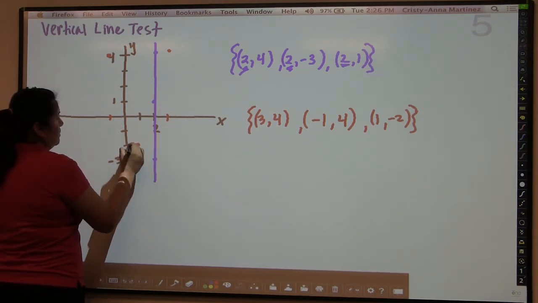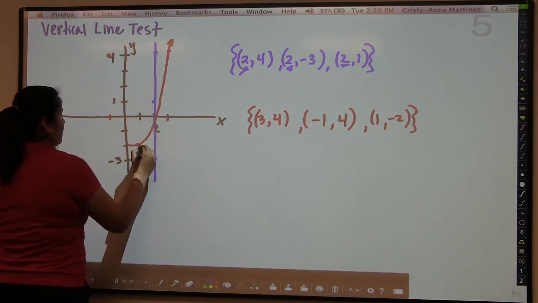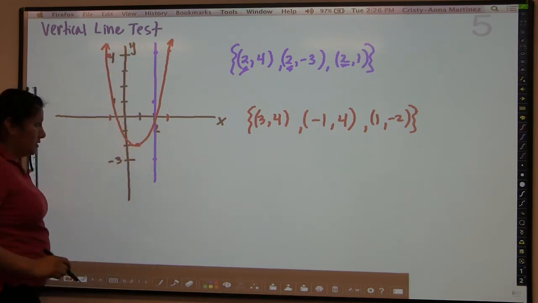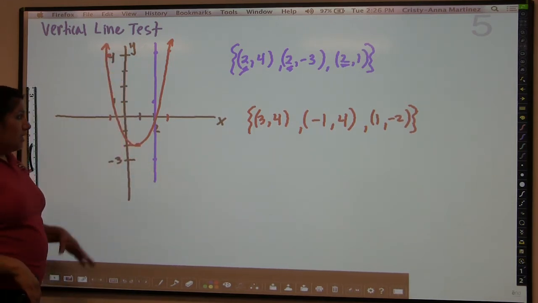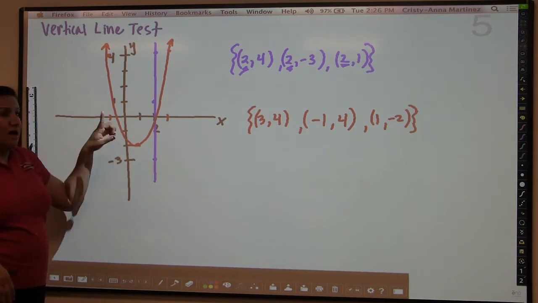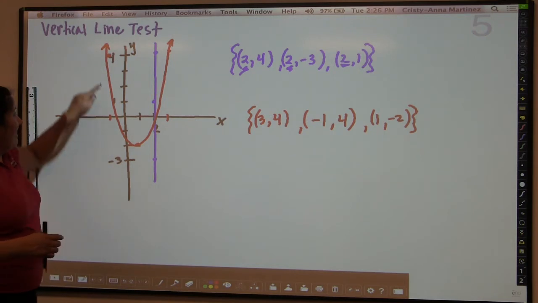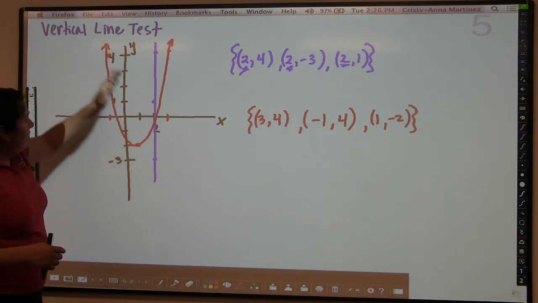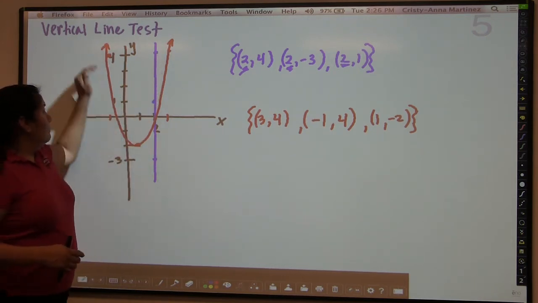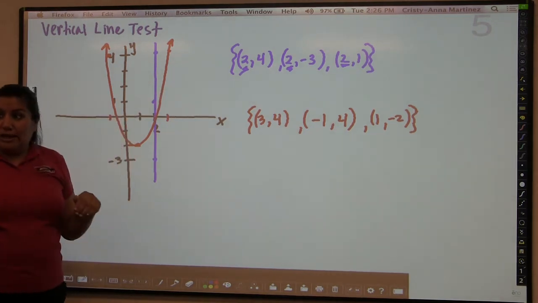What happens when you connect those dots? You get this parabola. It's called a parabola, okay? But when I connect those dots, I do not get a vertical line at all. If I try to connect these dots, it's going to be like a diagonal line, horizontal line, but I'm never going to get a vertical line.